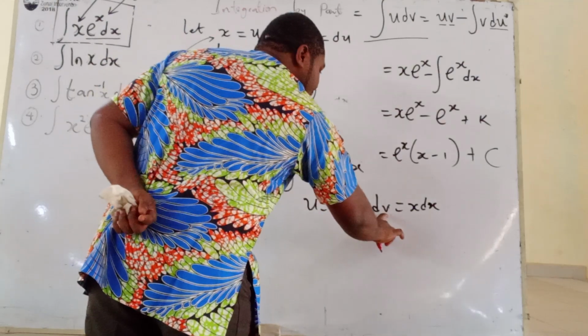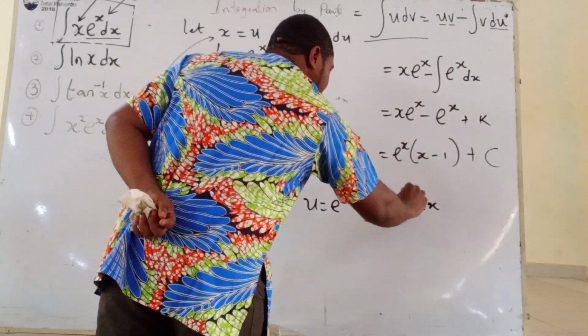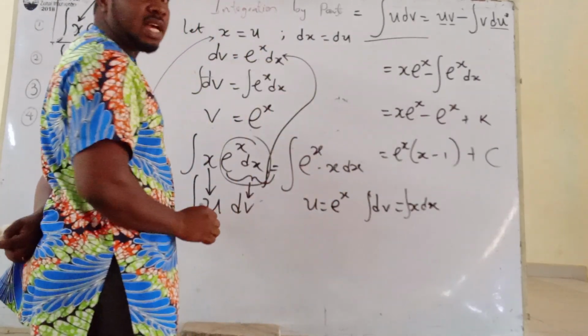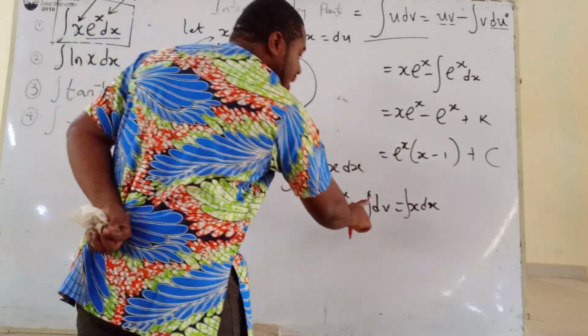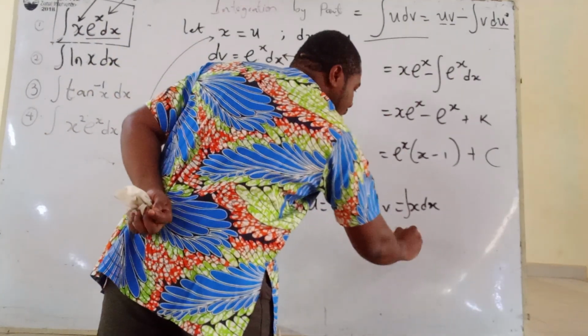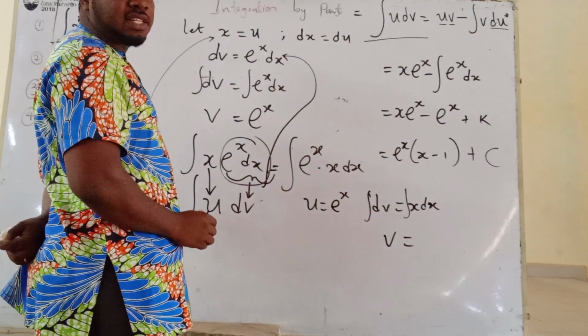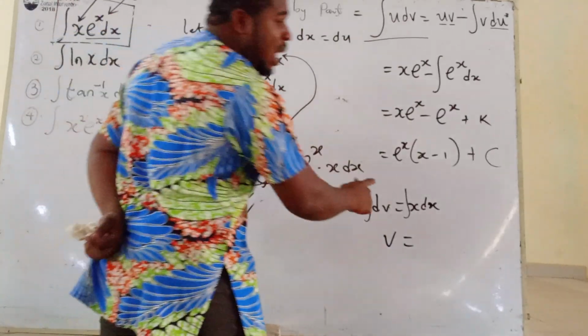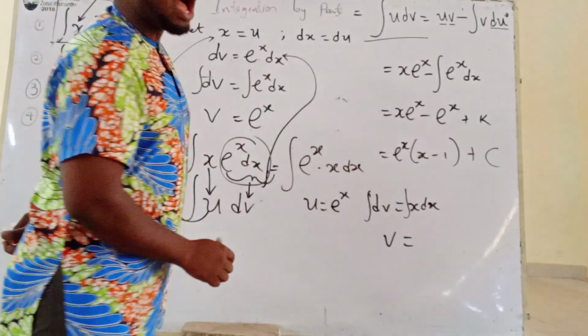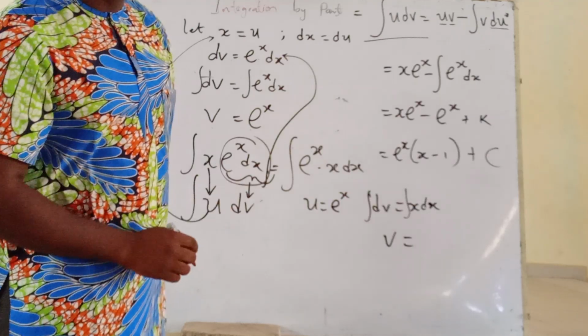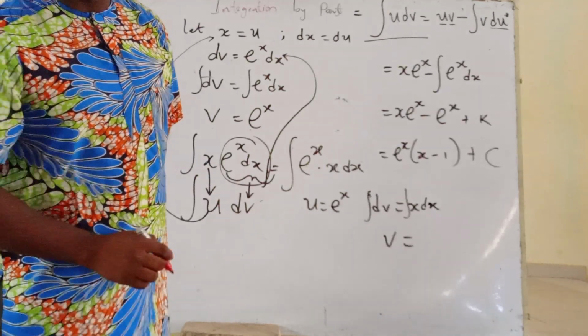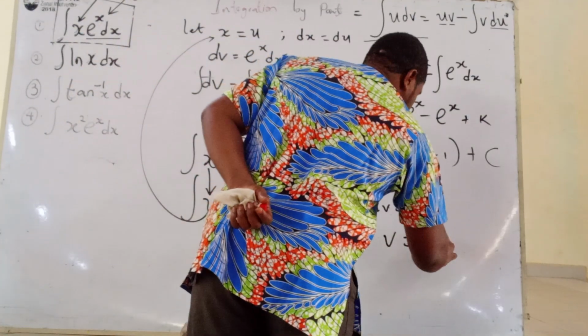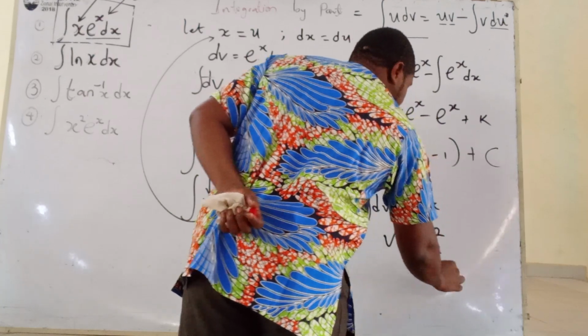If I want to get v, I'm going to integrate this side back. So if I integrate here, I'm going to get v. If I integrate the other side, what will I get if I integrate x? x squared all over 2.